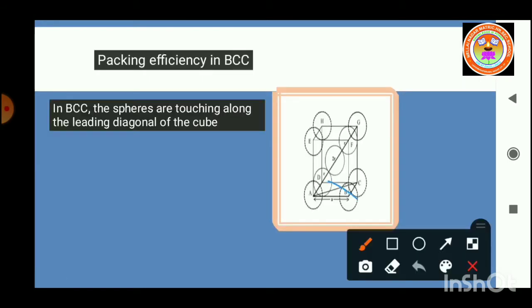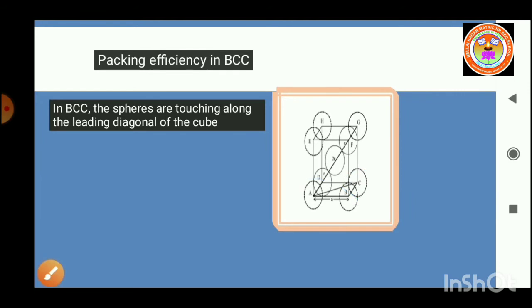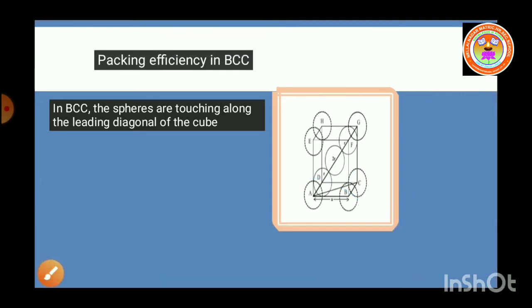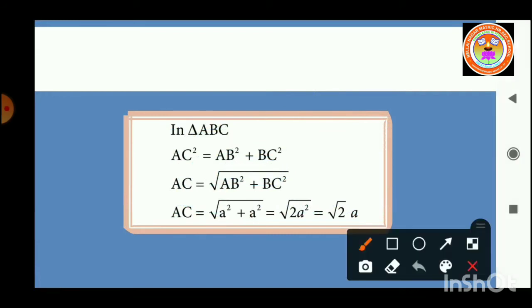That is A. BC is also A. So substituting, AC is equal to square root of A squared plus A squared, so this becomes root of 2A squared. Cancelling the square root and square, it becomes root 2 A. So this is the value of AC.